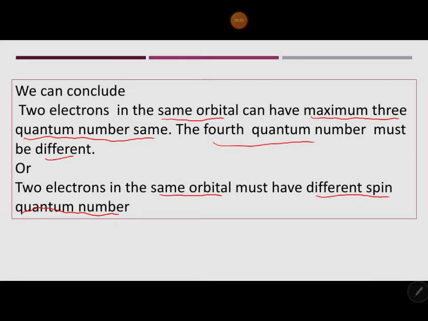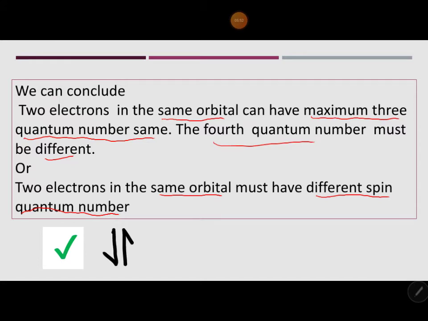This is the reason when we are writing electronic configuration of an atom or element, we represent a pair of electrons in the orbital like this, one arrow upward and other arrow downward. It means the spin quantum number for one electron is -1/2 and for the other electron is +1/2. This is according to Pauli's exclusion principle.